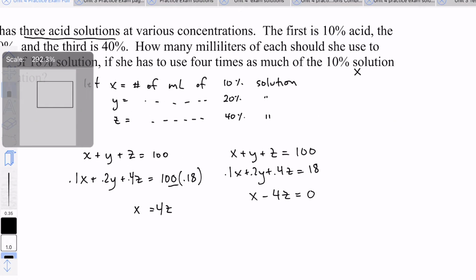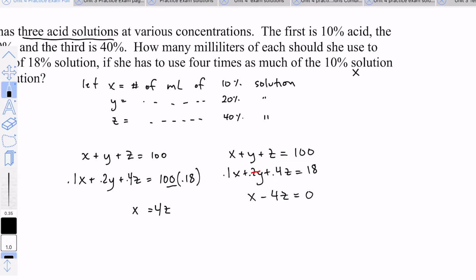So to eliminate y from the top two equations, I'm going to multiply that top equation by negative 0.2.